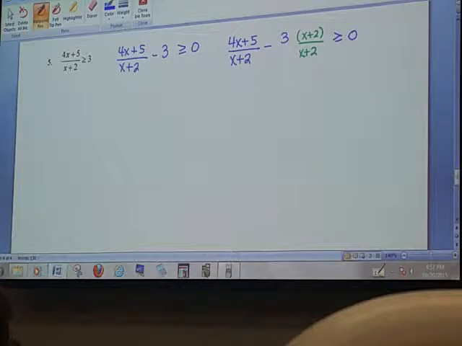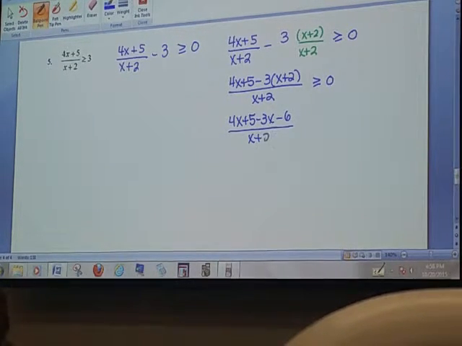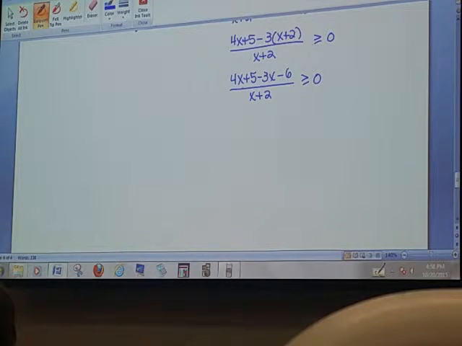So that will give me 4x plus 5 minus 3 times x plus 2 over x plus 2. So that will be 4x plus 5 minus 3x minus 6 over x plus 2. Okay, 4x minus 3x is x, 5 minus 6 is minus 1.